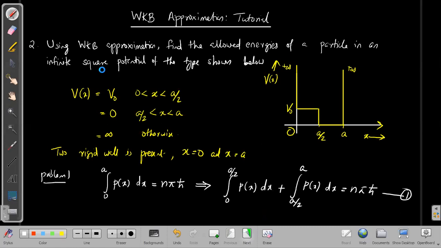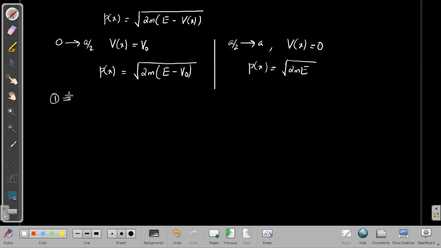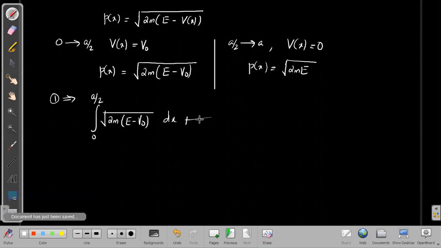So equation number 1 will take the form: the integral from 0 to a/2 of the square root of 2m(E minus V0) dx, plus the integral from a/2 to a of the root of 2mE dx, gives n pi h cross.